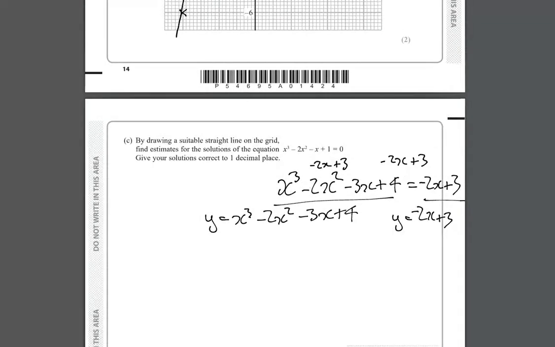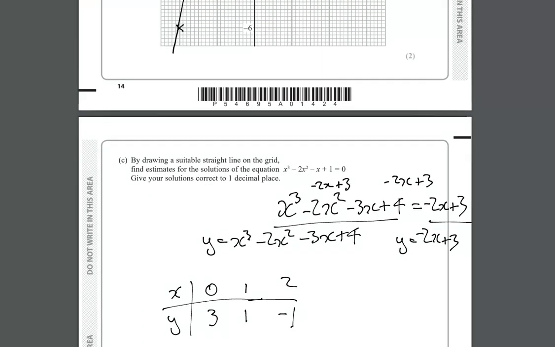So I can now plot the graph of y equals minus 2x plus 3. I might want to do a little table, x and y. 0, 1, 2, why not? So 0 gives 3, 1 gives 1, and 2 gives minus 4 plus 3, which is minus 1.